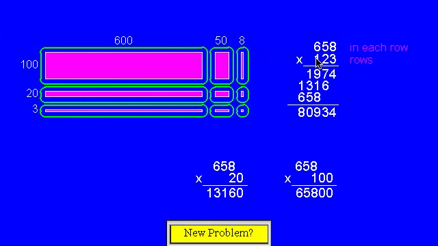And then we go to our 100 rows of singles. 100 rows, 8 in a row, that's 800, no carries. 100 rows of 50 each. So hundreds times tens are thousands. So that's 5. And if we just continue moving to the left, it'll be in the right position.